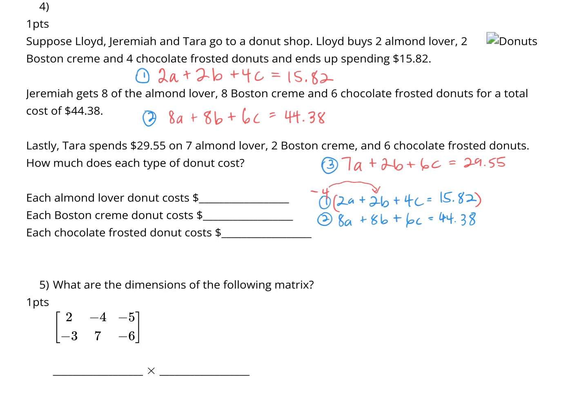So if I multiply through by -4, only on the first equation, my new equations will be -8a minus 8b minus 16c is equal to, and don't forget to multiply the last thing by -4 as well. So 1582 times -4 is -6328. The second equation I'm leaving as is.